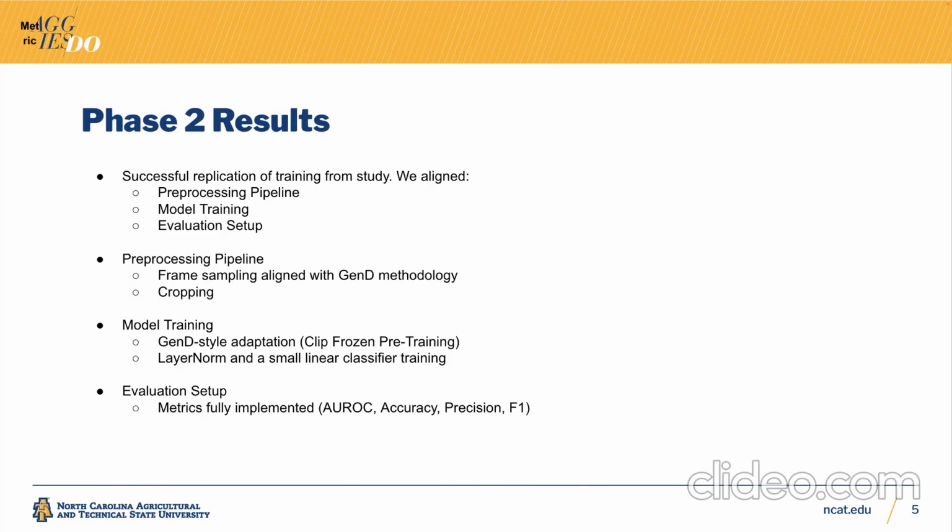With the pre-processing, there was frame sampling. With the model training, we used a CLIP frozen pre-training with a layer norm and a small linear classifier for training. Then we evaluated that based on AUROC, accuracy, precision, F1, and recall, which isn't listed here.